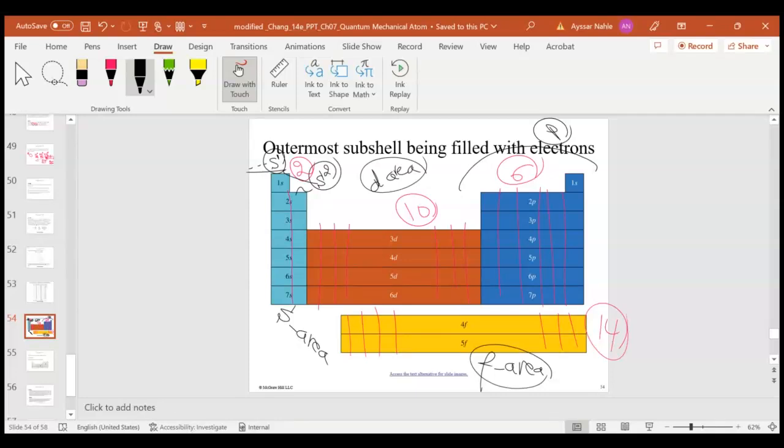In here they will end up with p1, and then p2, p3, p4, p5, p6. Every atom in this group should end up with p5. Which p5? You go to the shell number: shell number 1, 2, 3, 4, 5, 6, and 7.